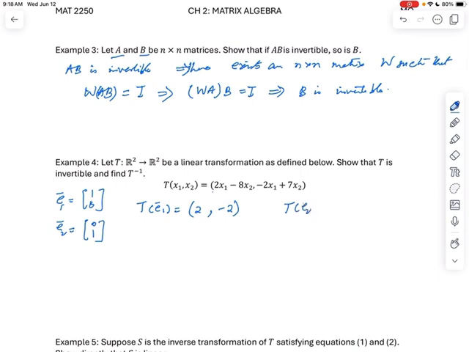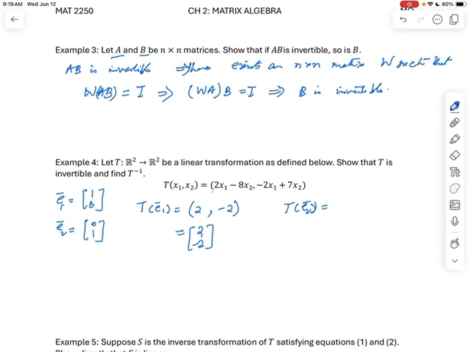So T of E1 is giving us the vector 2, negative 2, which will be the first column of A, and we do the same thing to T of E2, doing it the same way.